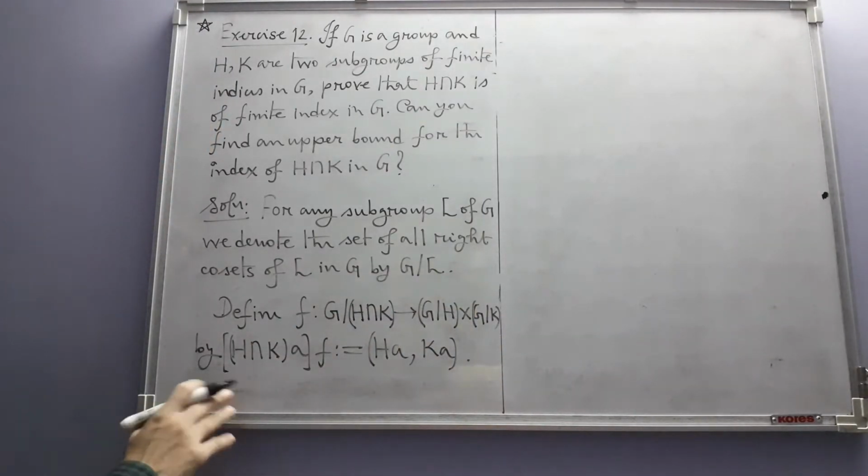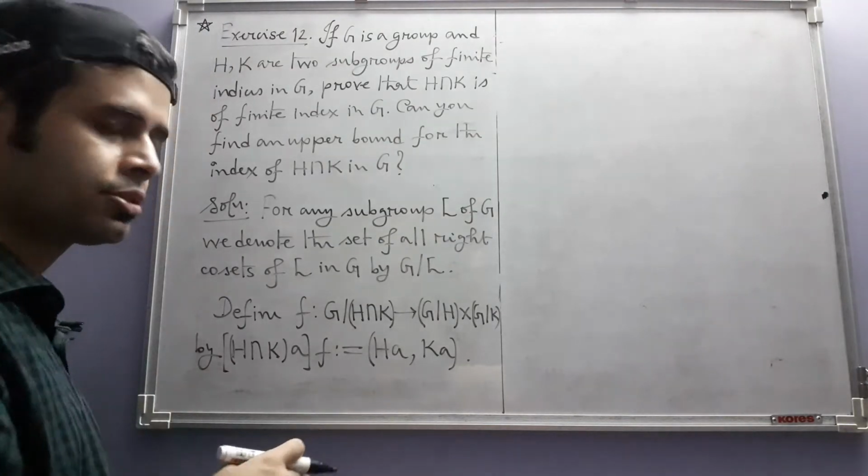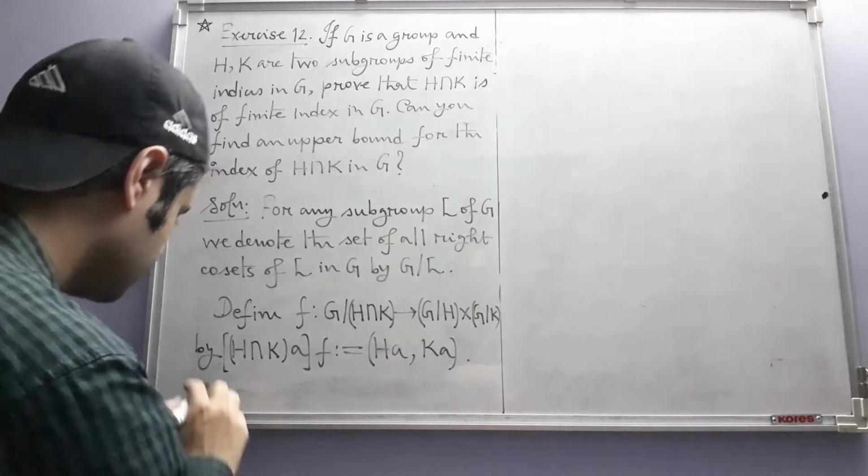So the output does belong to the second set. Now we have to prove that the function is well defined in the usual sense that equal inputs should give us equal outputs.